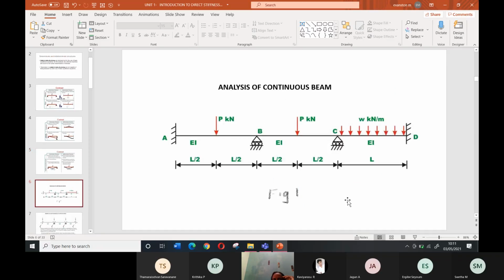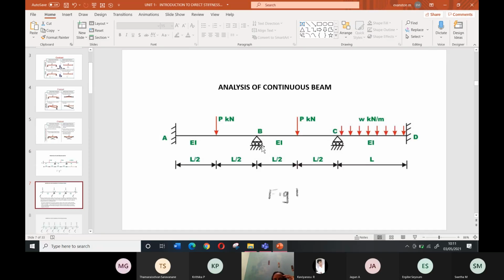And the other possible multiple choice questions are, suppose I give a load like this on a continuous beam, and I ask you to find out the equivalent joint load. So what is the meaning of equivalent joint load?